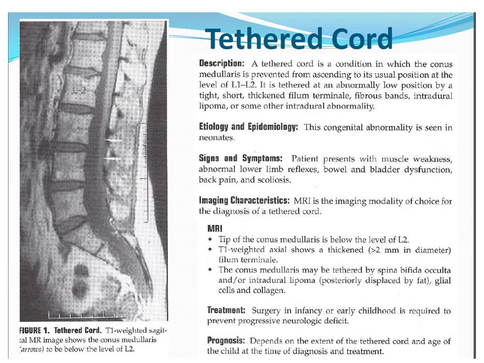So what happens is, as the spine and the cord is developing, the cord actually ascends in the spinal canal during development, and if it's prevented from ascending, then it stays down. It's not like it grows down. It's just that it gets prevented from being pulled up. And usually you may get a hint that this has occurred in a newborn baby, because it's associated with spinal dysraphism or spina bifida occulta.